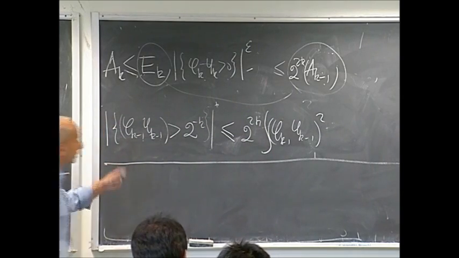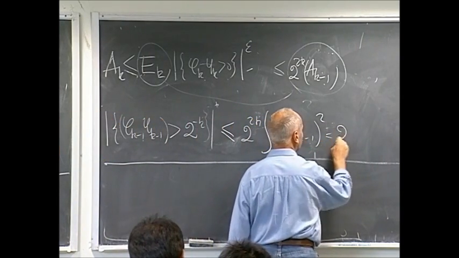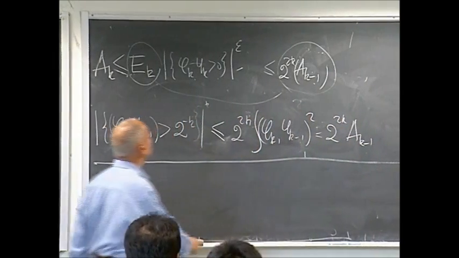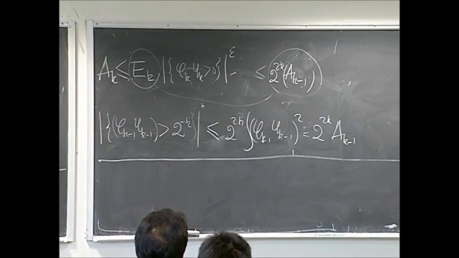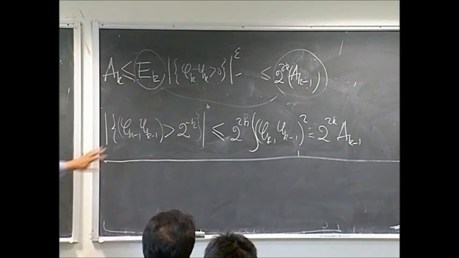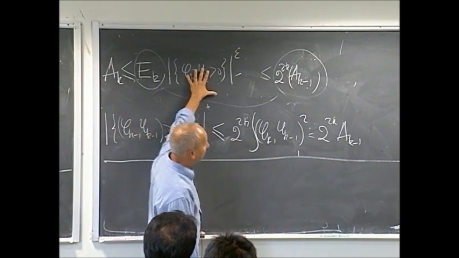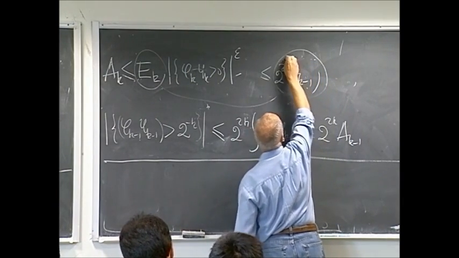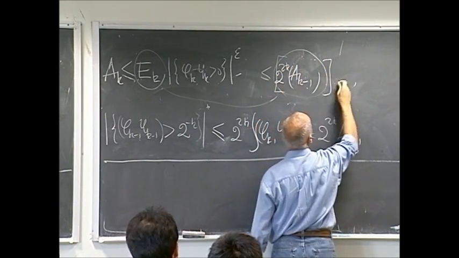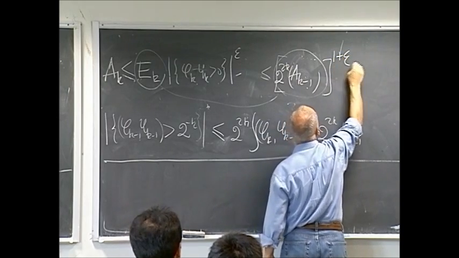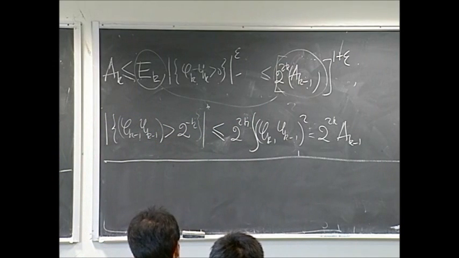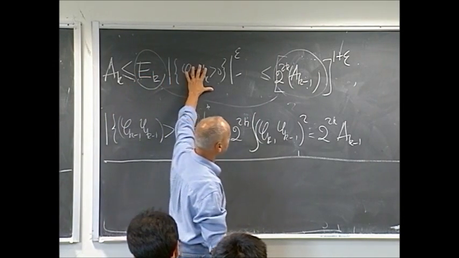That is 2 to the 2k A_{k-1}. Which means that I can replace this term by this to the epsilon. A 1 that comes from here and the epsilon that comes from here.